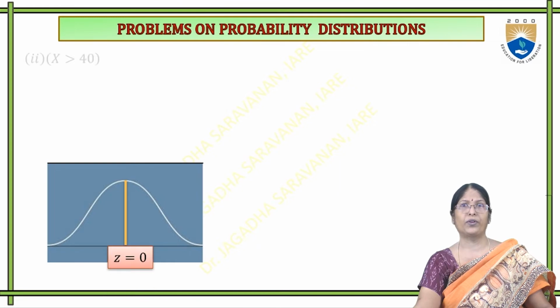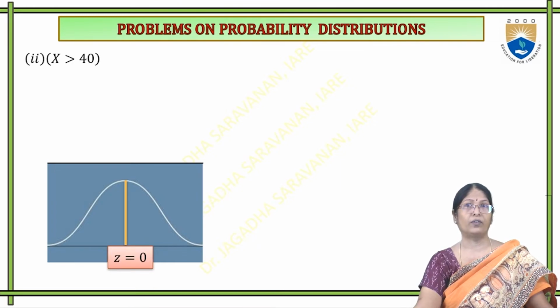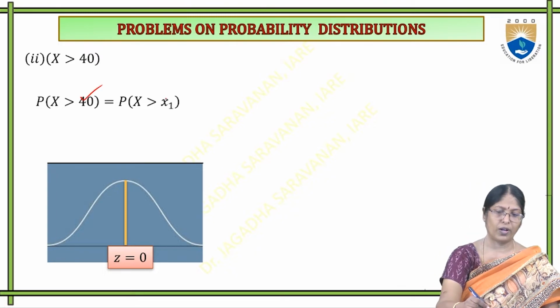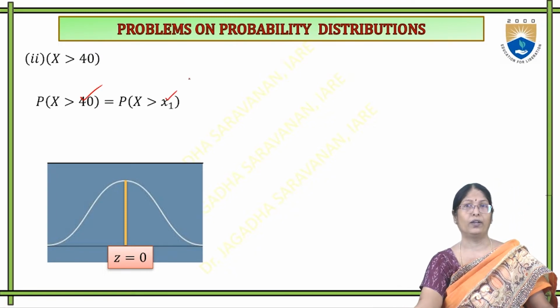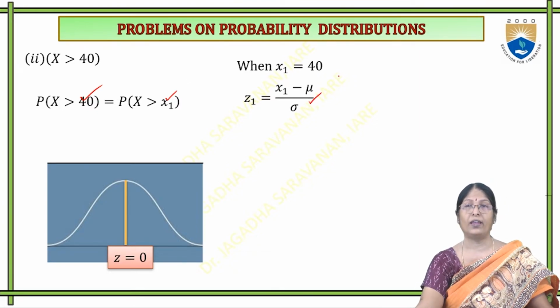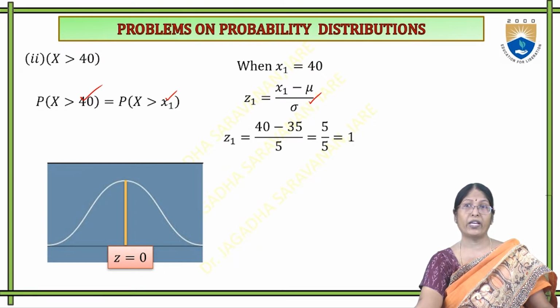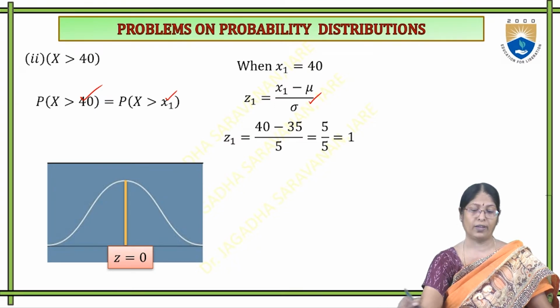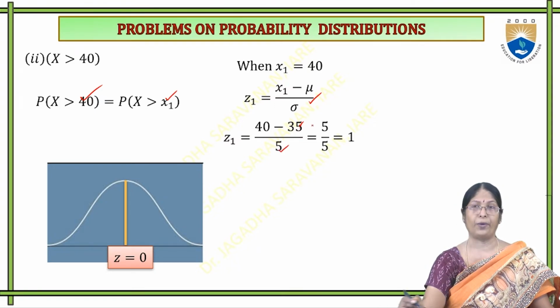So the next question is x greater than 40. In a similar way, the 40 we name as x1. x1 is to be converted into z1 with the help of the scale, x1 minus mu by sigma. So x1 is 40, and mu and sigma are given as 35 and 5.